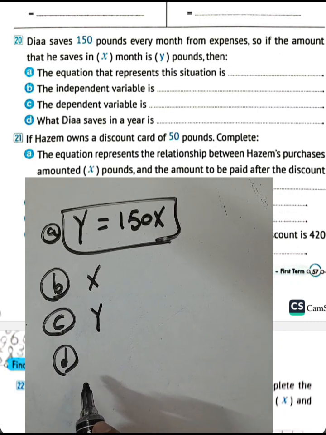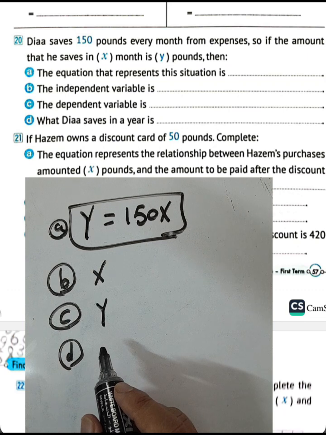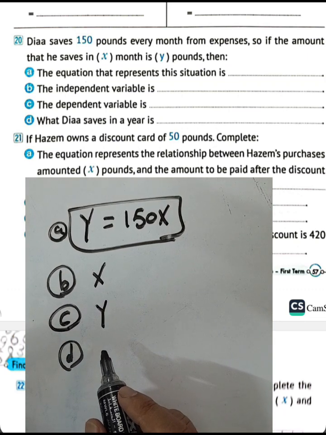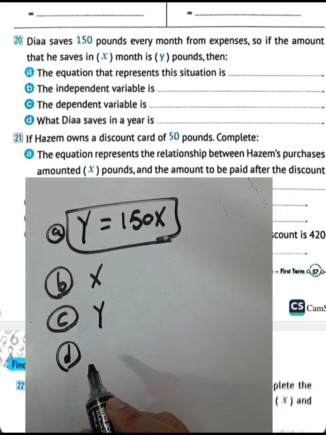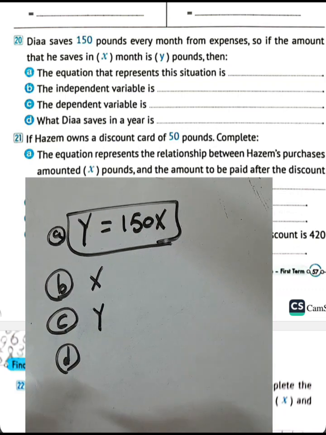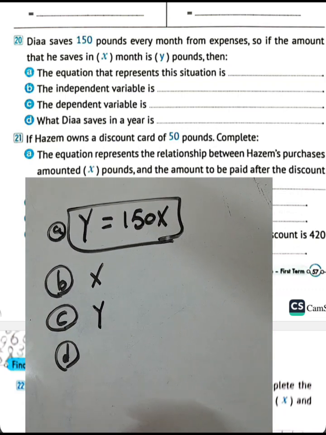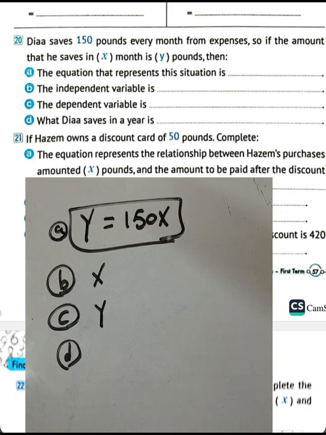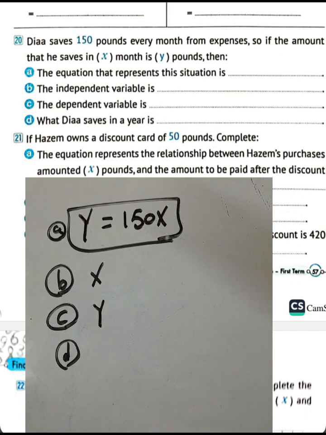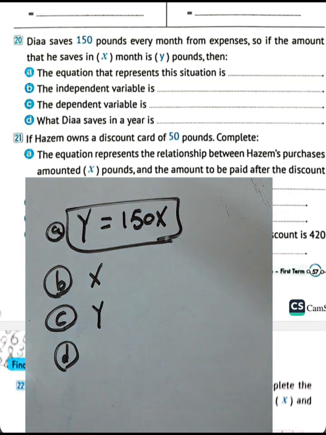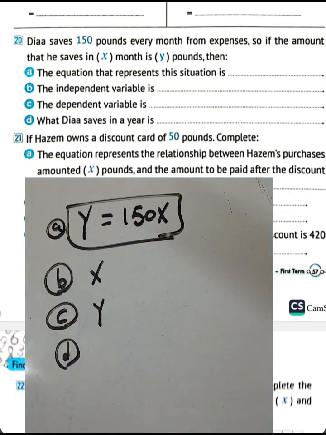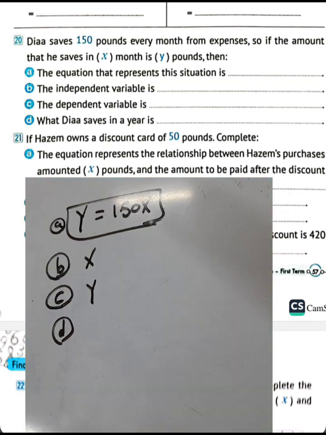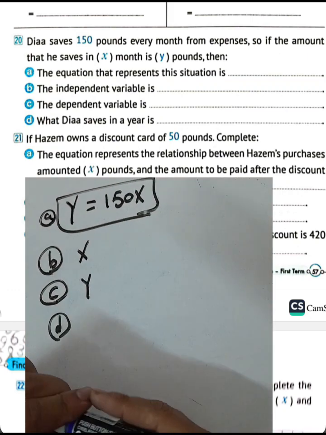About question 20, letter D. What he saves in a year: 1 year. Okay, put X equal 1, 1 times this number. What Dia saves in a year?